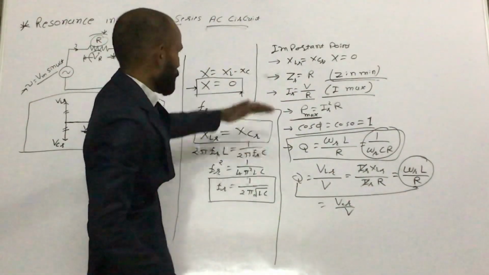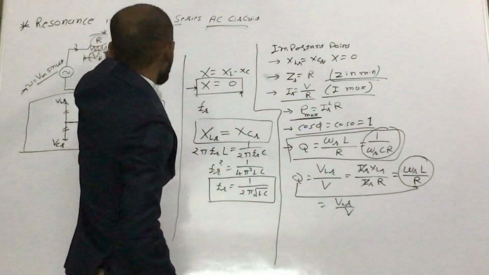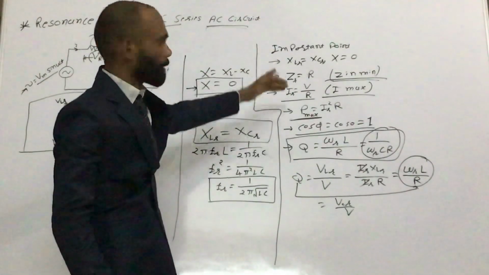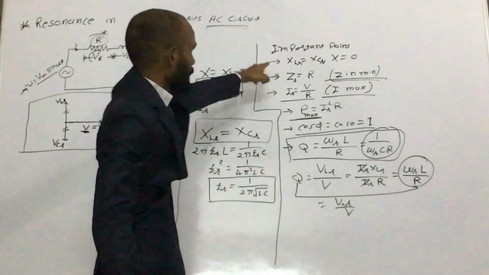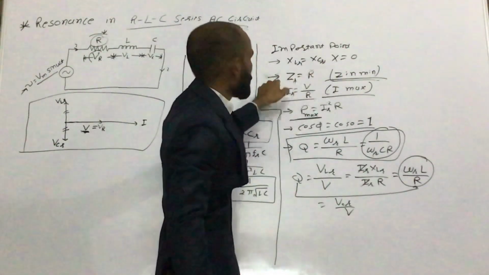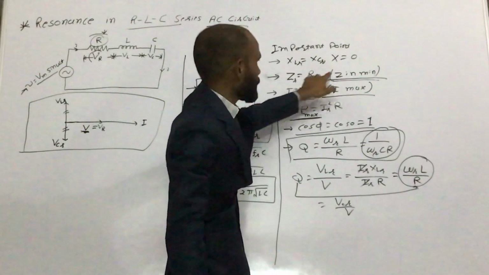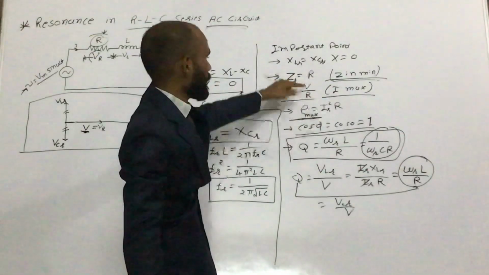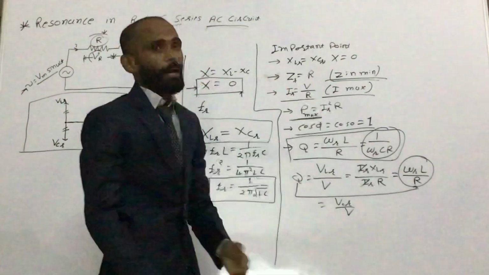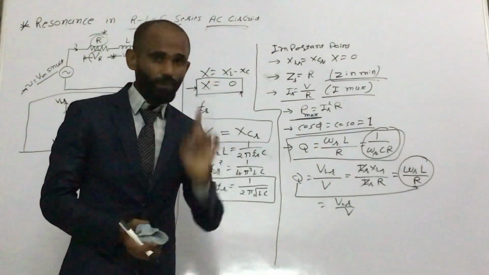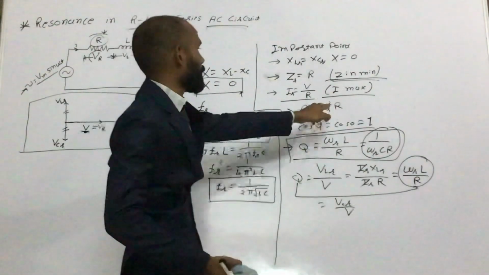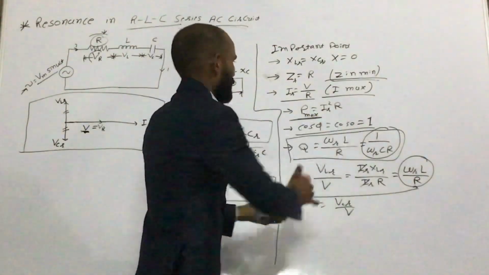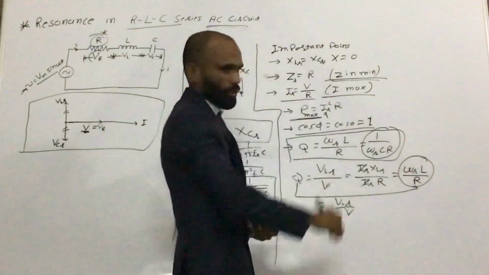So these are the most important points for resonance in an RLC series circuit. I repeat all the points once again. Net reactance of the circuit is 0, impedance of the circuit is equal to R, and it is the minimum value of the impedance. Current through the circuit is maximum, and it is given by V by R. Power dissipated in the circuit under resonance condition is maximum, and it is given by IR squared R. Here IR means current in resonance condition.